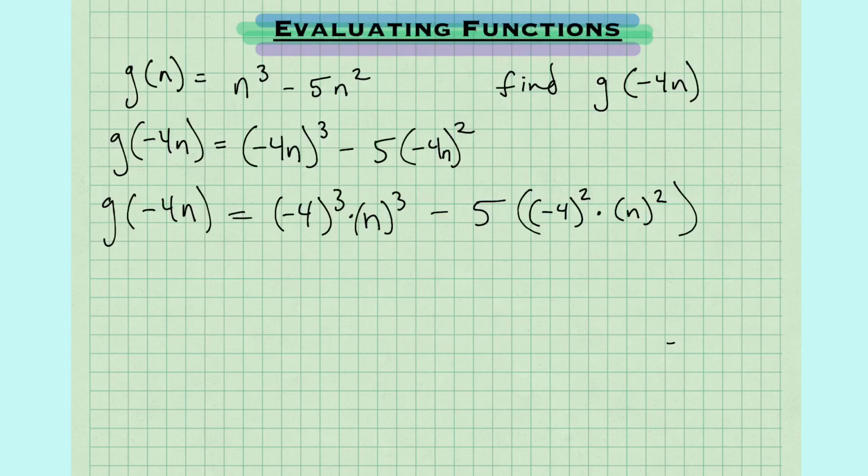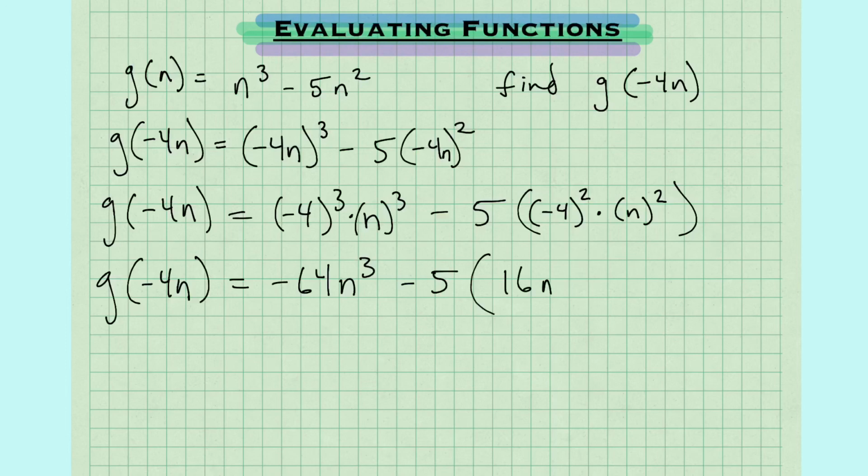So here we have negative 4 cubed, so g of negative 4n. Negative 4 cubed gives us negative 64. n cubed, of course, is just n cubed. Then we have minus 5 times negative 4 squared, that gives us a positive 16. And then n squared is just n squared.